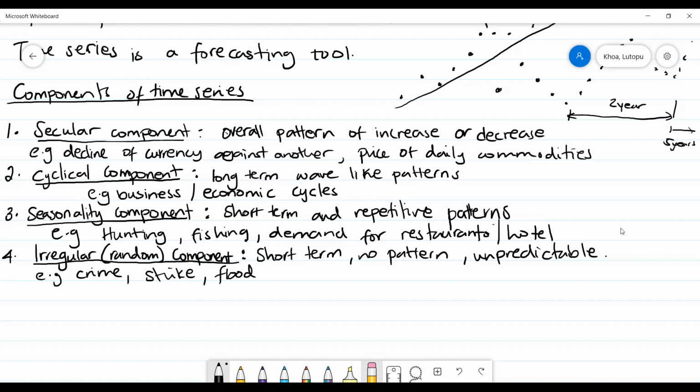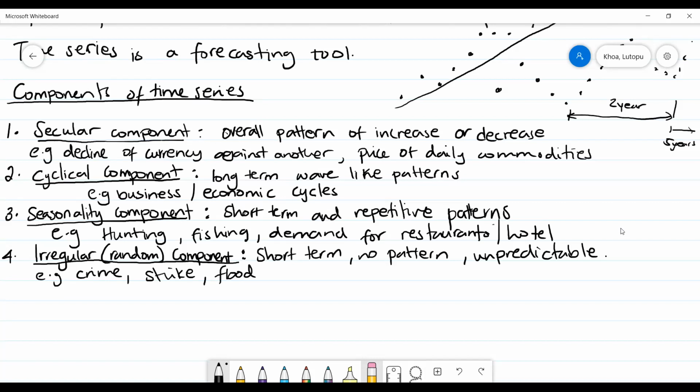Before the pandemic, you might see that your sales were maybe level, and then all of a sudden you see that there was a great spike in the number of masks being bought. Somebody who didn't know about the pandemic would say, what is happening? How come the mask sales just went up? That was because of the pandemic. It just happened. It was random. It's not something that you could have predicted. So those are examples of the irregular component.